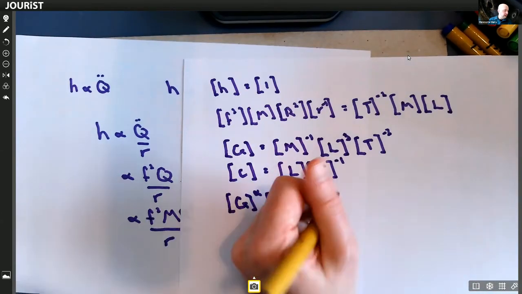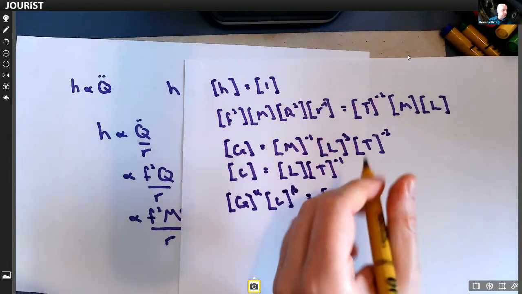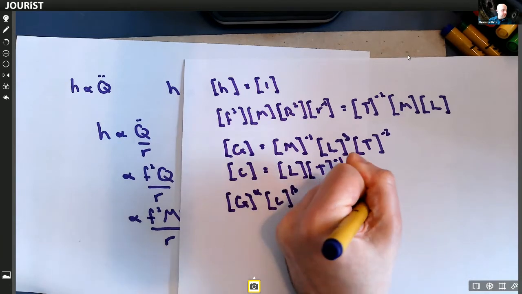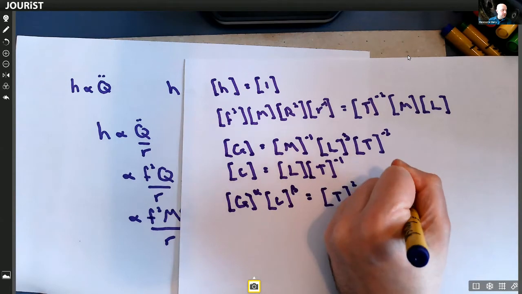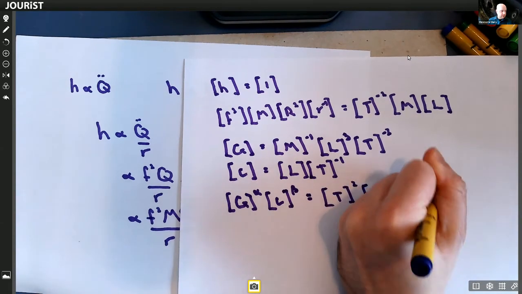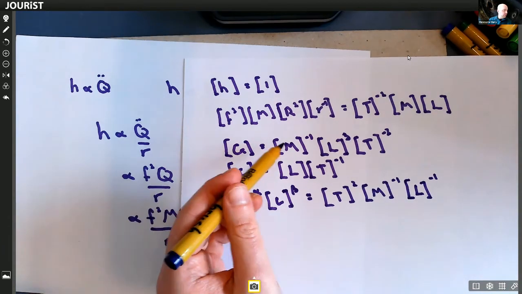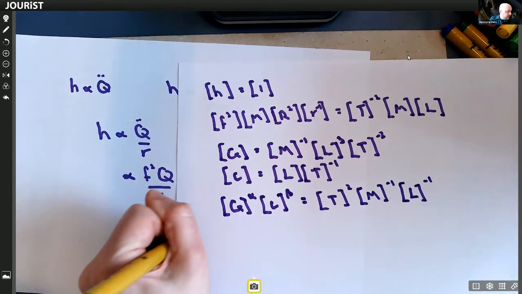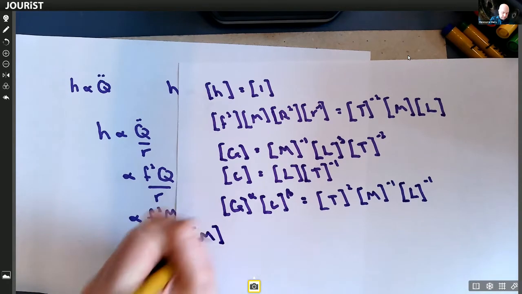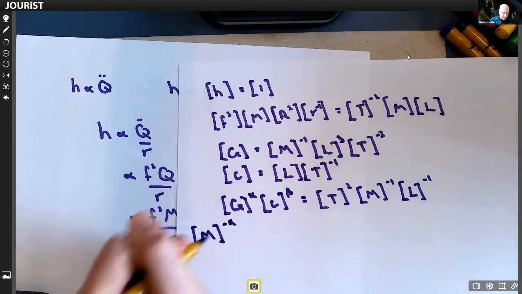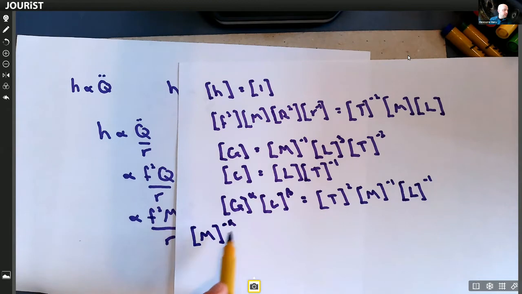So we want this to work out to be t squared, to cancel out t to the -2, m to the -1, to cancel out this dimensions of mass, and length to the -1 to cancel out this length here. We put these terms in here, we can see that G to the alpha, c to the beta would give us mass to the -alpha, because we only get mass from the G term, that's a -1 times alpha, minus alpha.